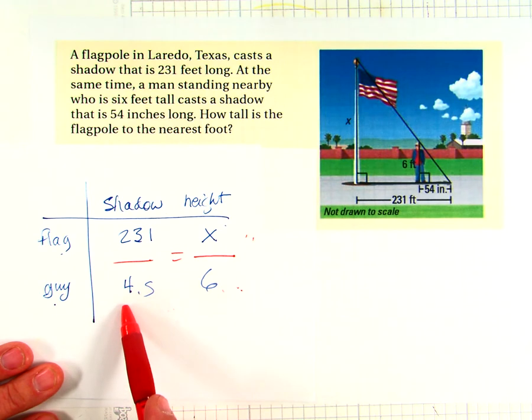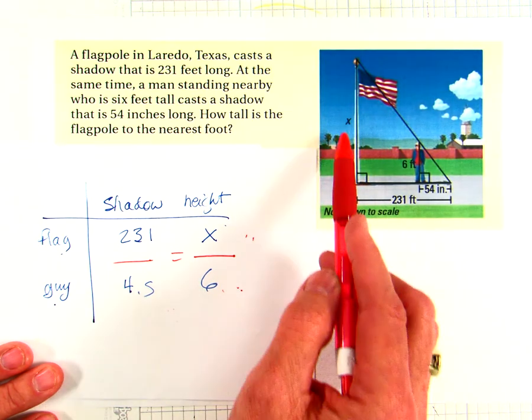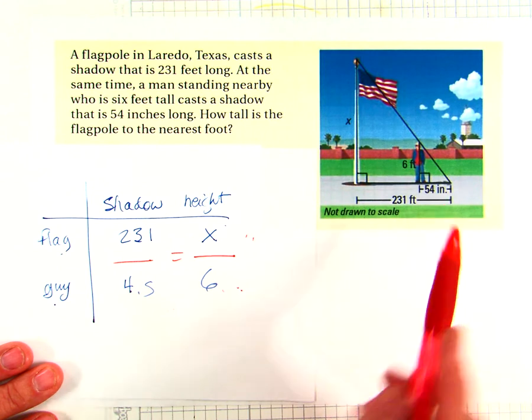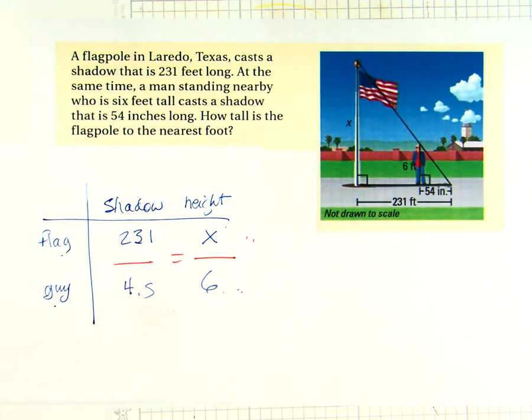Notice that they're different units. All of these are feet, and these are inches. You can choose either to go to all feet or to all inches. It doesn't matter. Sometimes one of them is easier than the other. Here I chose feet. Normally, depending upon the circumstances, it's best to choose whatever unit is smaller.